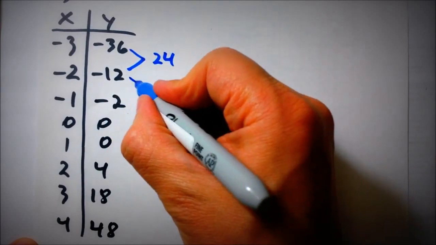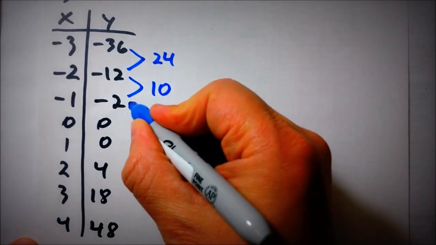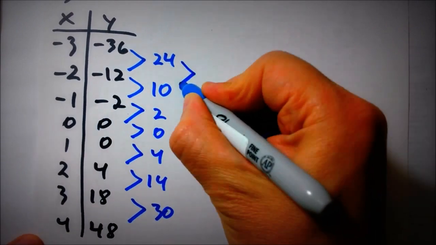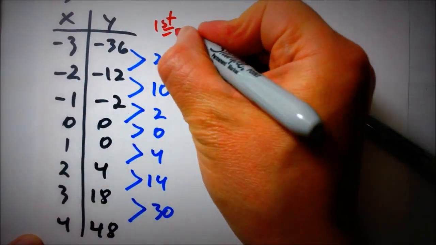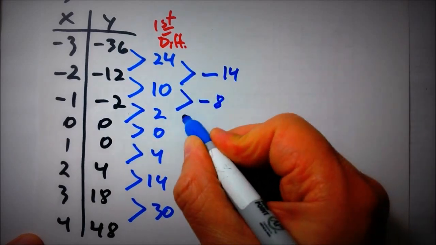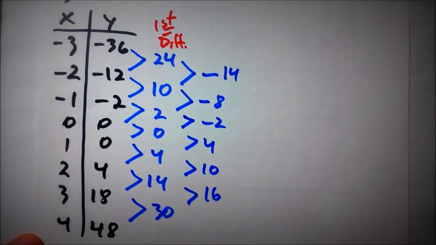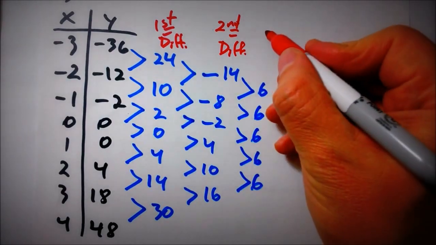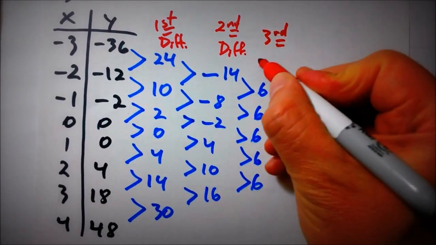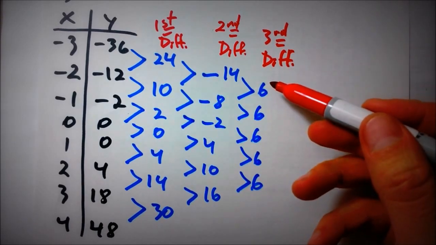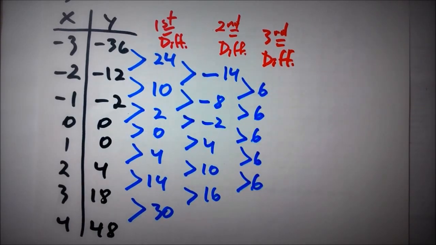Minus 2 minus 12, this becomes 10, and so on. Okay, so it appears that the third differences are constant. So these are our finite constant differences.